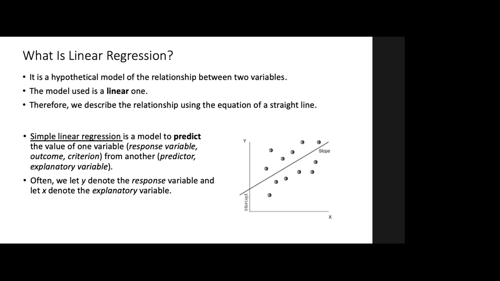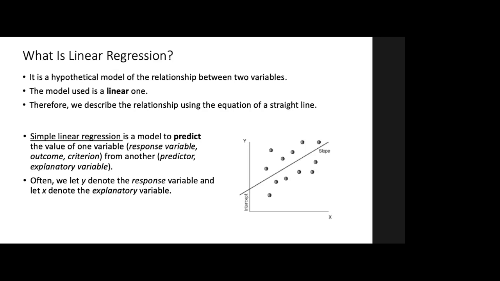That means that simple linear regression is a model to predict the value of one variable. The variable that we are trying to predict is referred to as the response variable, the outcome variable, or the criterion.